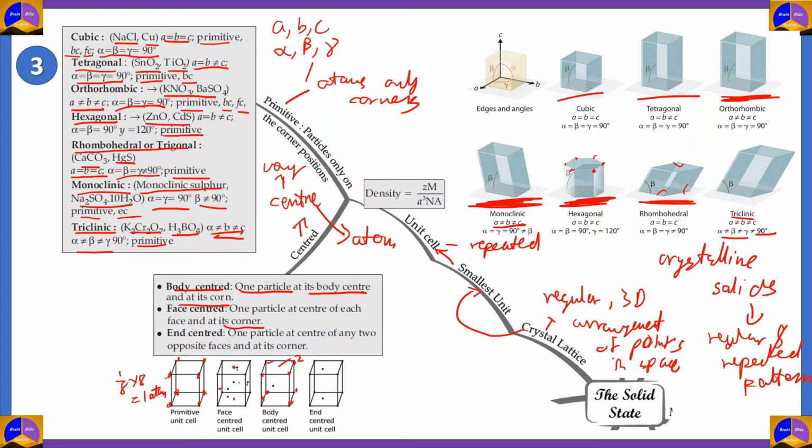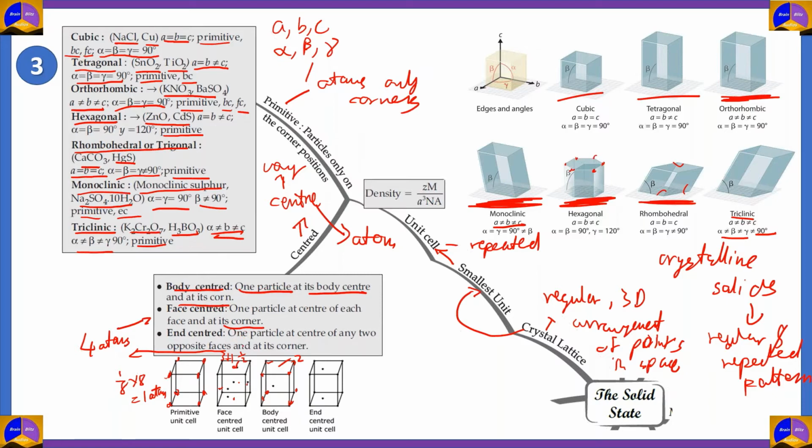So for atoms at their face, the sharing ratio is 1/2. So half of an atom is going inside and half of an atom is going outside when it's at the face center. Since there are 6 of those, there will be 3 atoms plus the one formed by the 8 corners. So we'll have 4 atoms for face-centered.